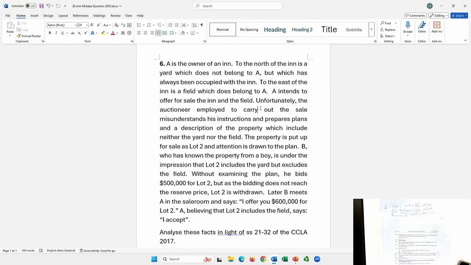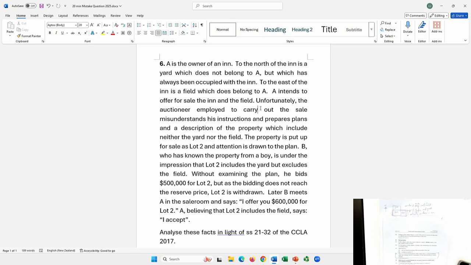Okay, so this is a rewrite of a case called Tamplin and James, which we used to teach in formation, which stands for the proposition that when you go to an auction and you bid on something, you're bound to what the property is, not what you think the property is. But this is slightly different. So what you have is an inn which owns a field beside it, or comes with a field.